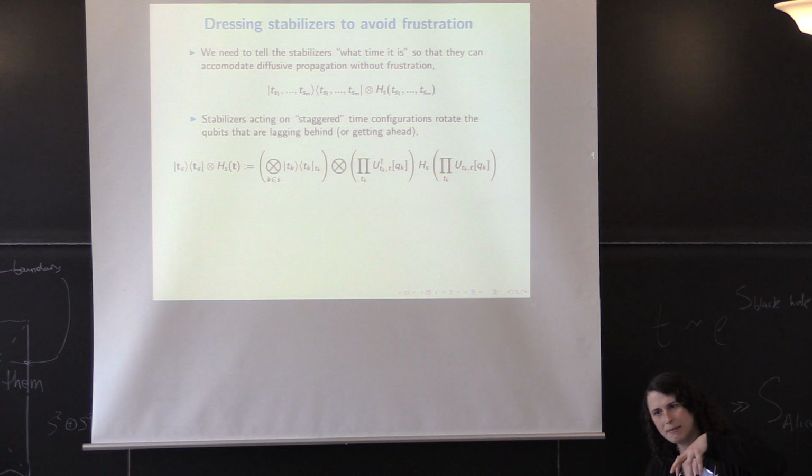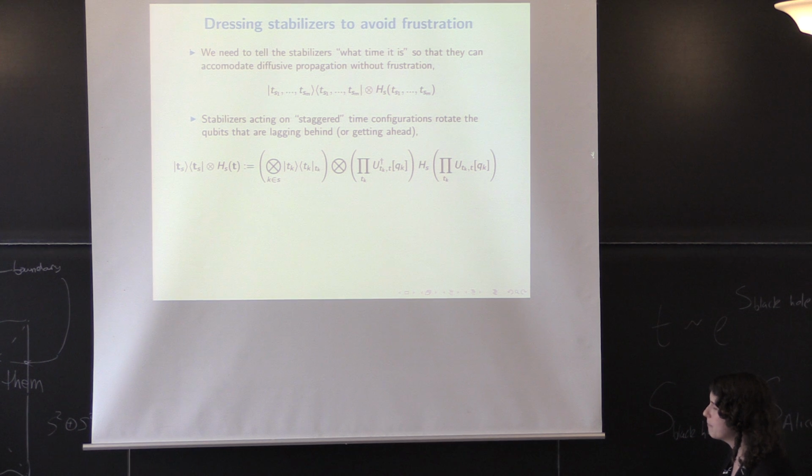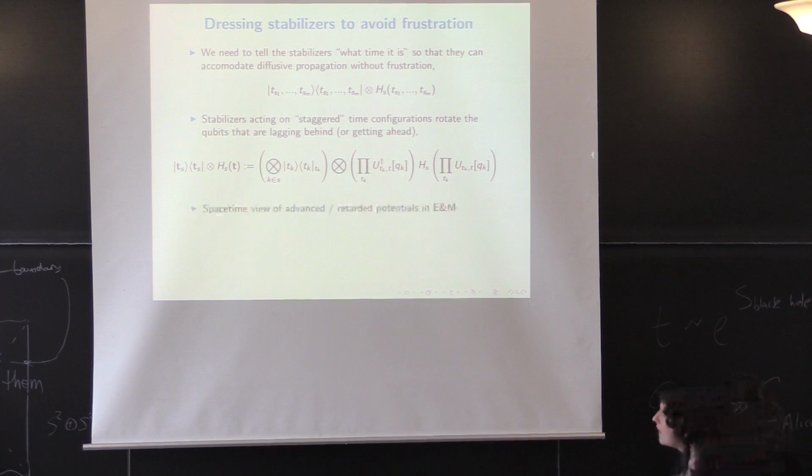One of them might be at t-1, one of them at t+1, and one of them at t. Well, what this expression is saying is that you rotate the ones that are ahead to go backwards, the ones that are behind to go forwards, so you catch everybody up so that you can apply your stabilizer term. So it's not really so deep, but I think it's interesting. It's kind of like a space-time view of the advanced or retarded potential in electromagnetism.